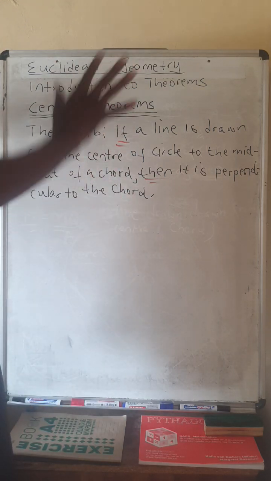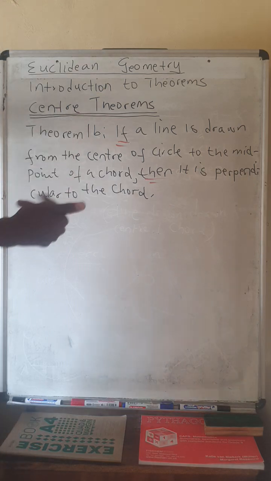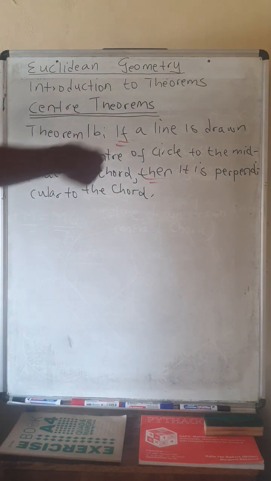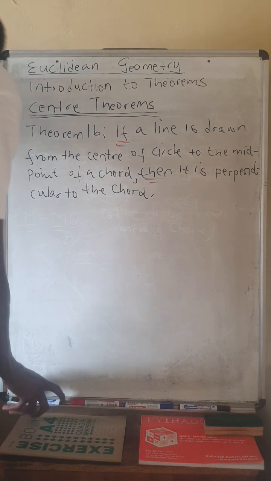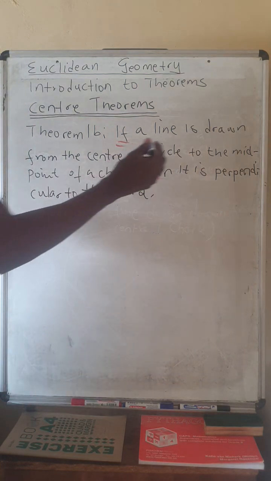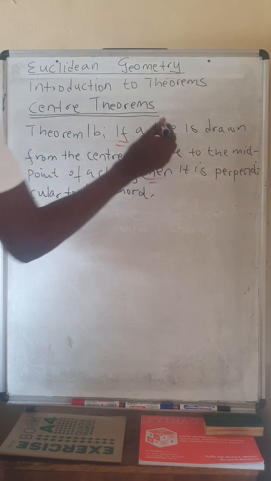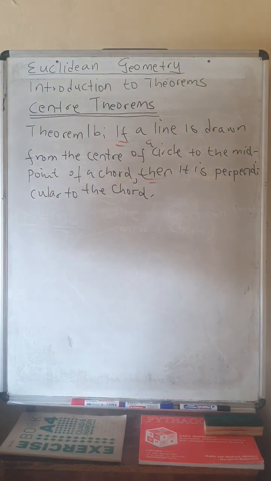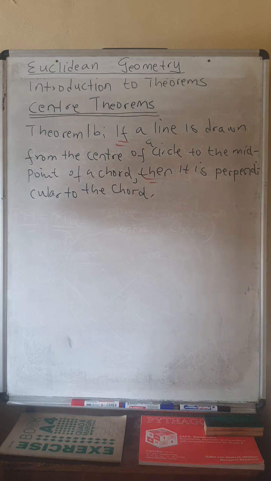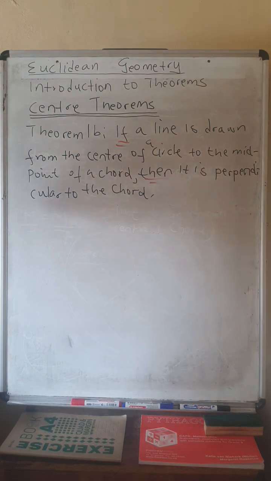In this theorem now, they are giving you another story. Here they are telling you that if a line is drawn from the center of a circle to the midpoint of a chord, then it is perpendicular to the chord.